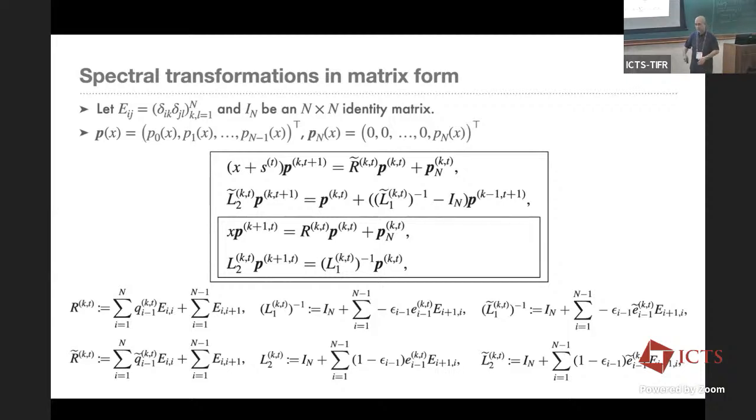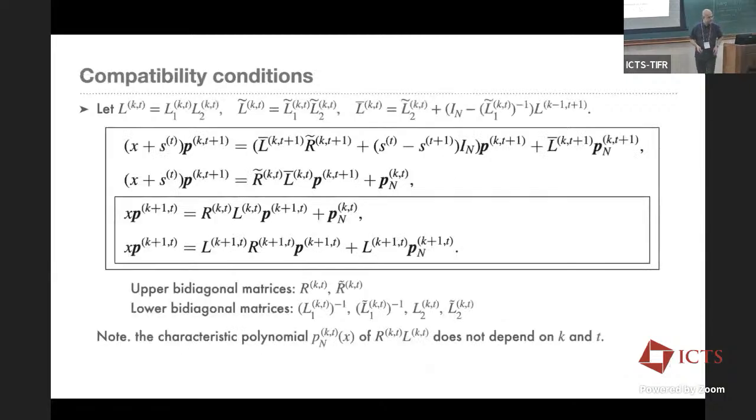So the basic idea is that all members should have this type of bidiagonal expression. This is a key ingredient. And since we already know the spectral transformation, it's easy to compute the compatibility condition.